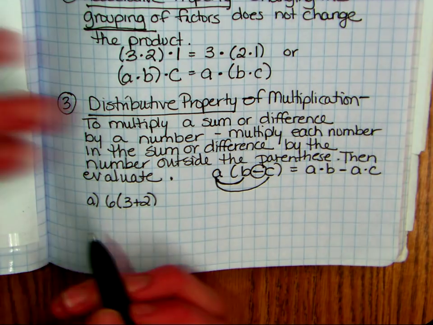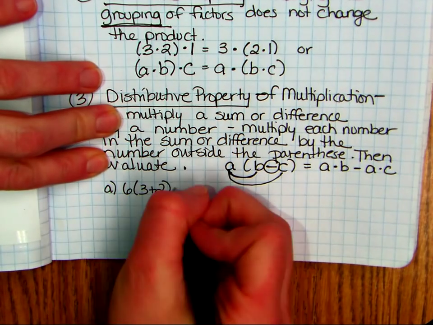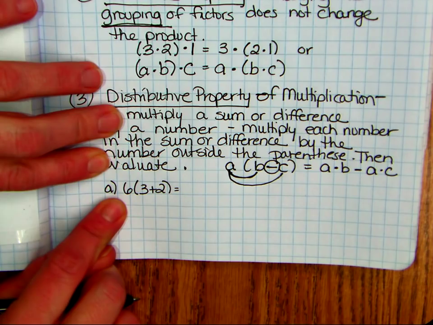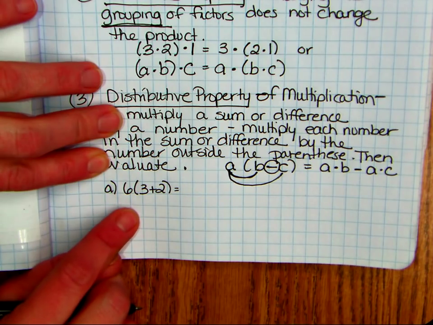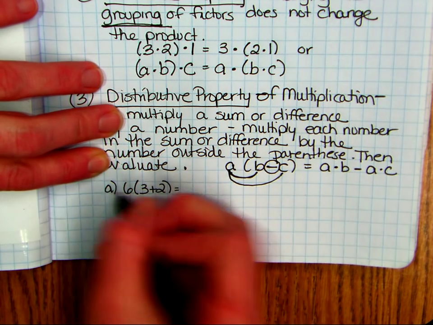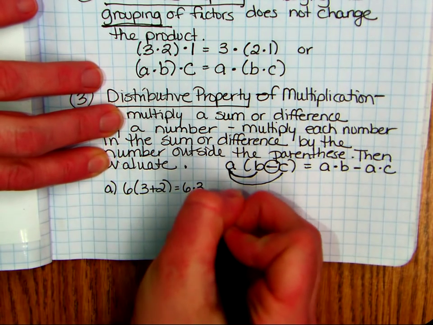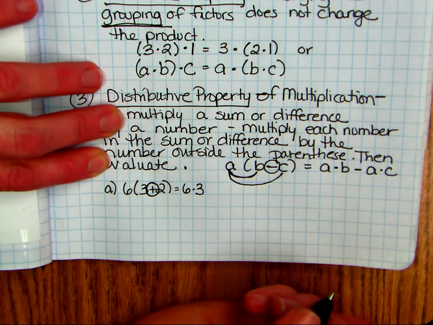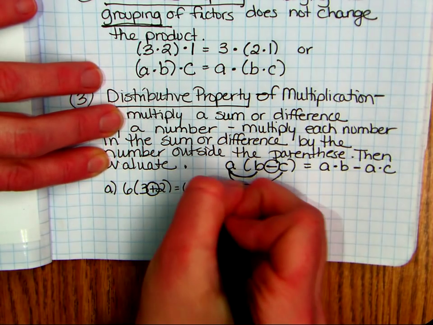So you would start here, and you would go, okay, I'm going to take the number outside the parentheses, and I'm going to multiply it by the first part of the term inside. Okay, so what's the first term inside the parentheses? 3, right? So 6 times 3. What is my operation I'm using? Addition. Write my addition.